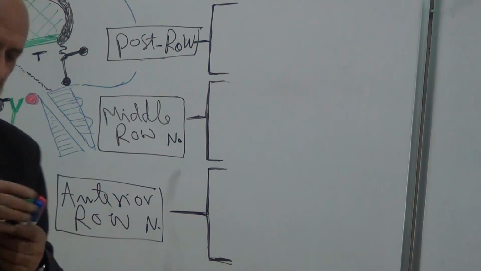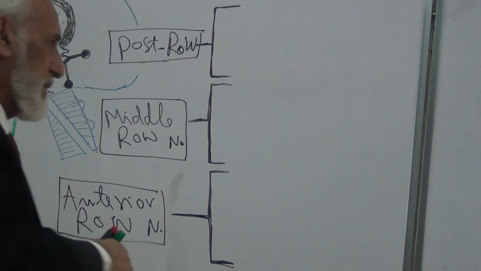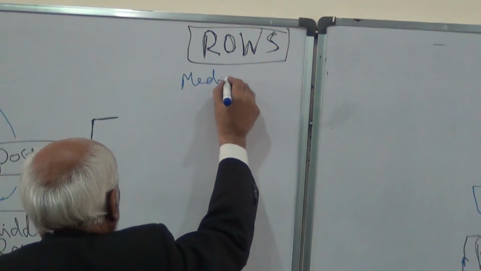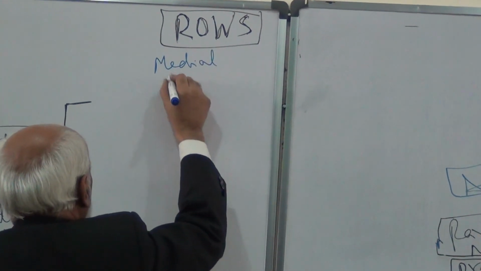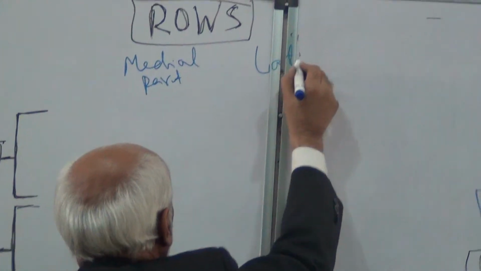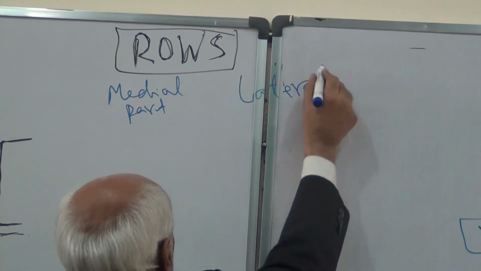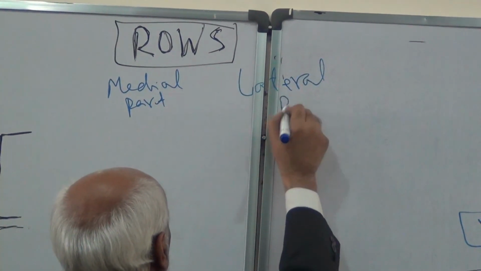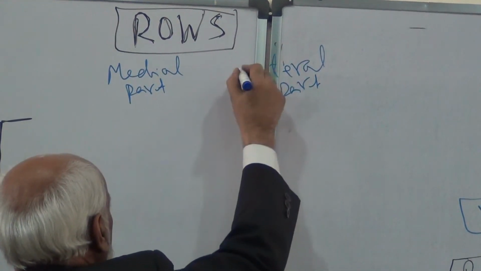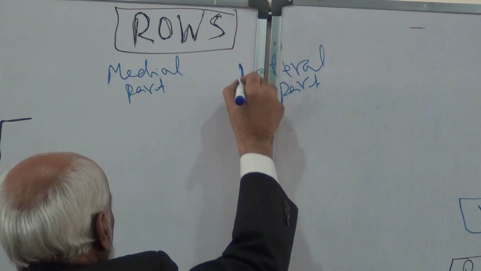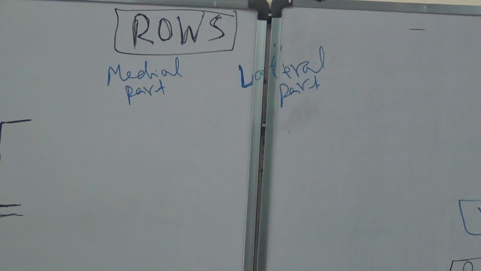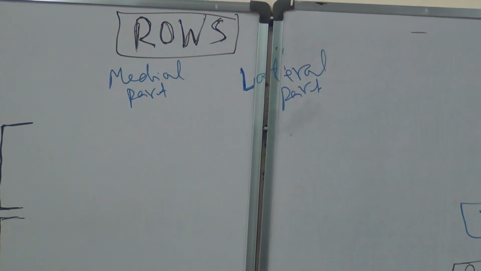Then hypothalamus, we have medial part and lateral part. Medial part and lateral part of hypothalamus. What are the nuclei arranged in these rows, in the medial part and lateral part of the hypothalamus?